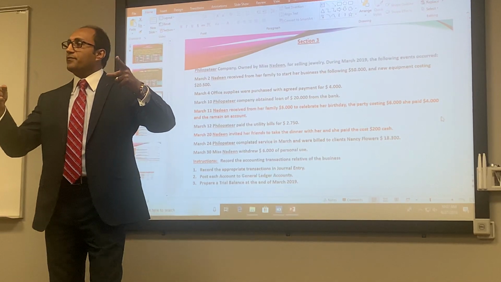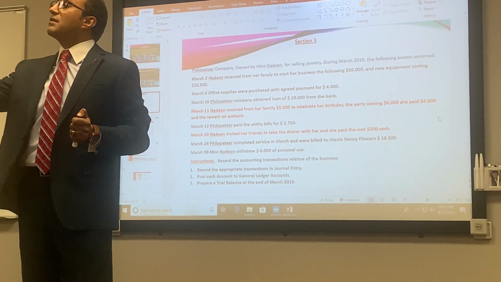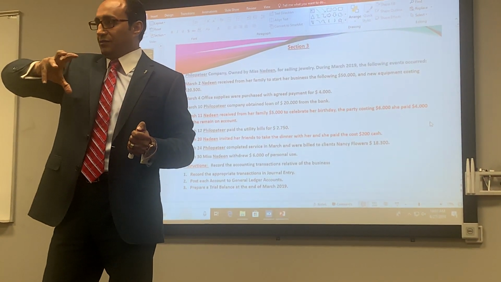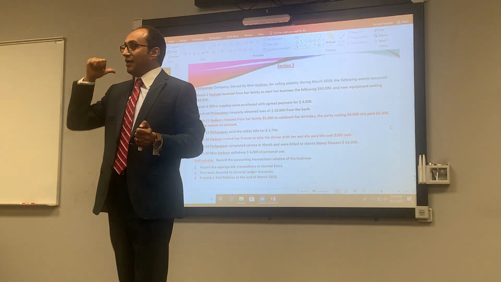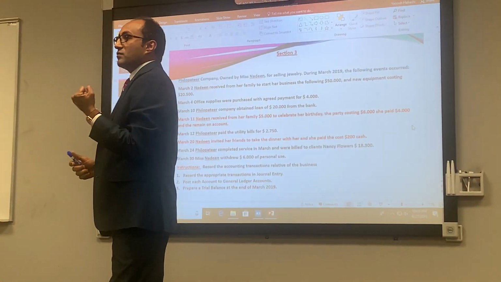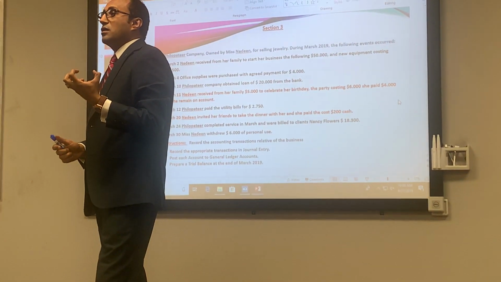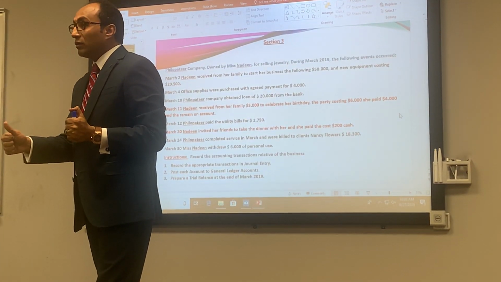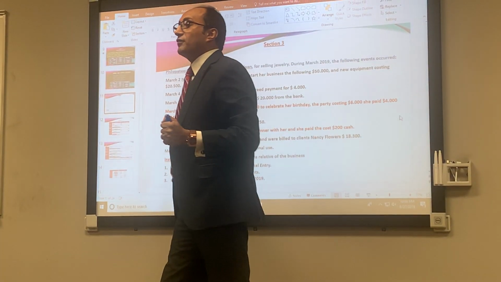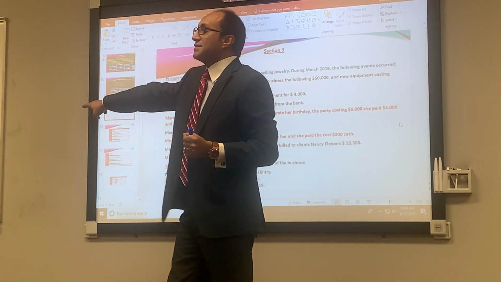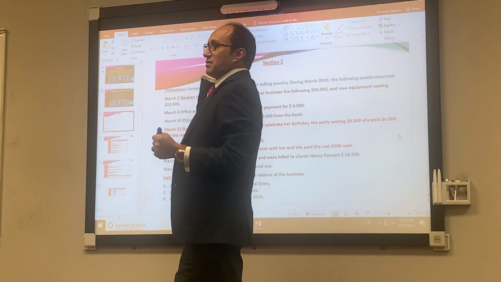Account payable is if you buy something on account. Here is different. You borrow from the bank, take a loan from the bank. So that loan is a liability. I have to record this liability on the credit side, right side.